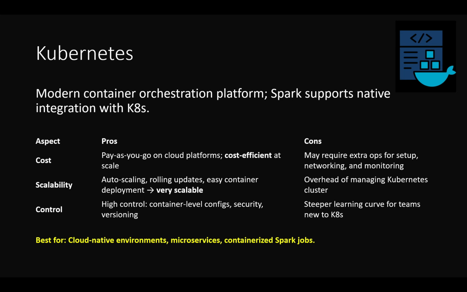Now coming to Kubernetes. Kubernetes is one of the very widely used cluster managers. It is a modern container orchestration platform, and Spark supports integration with Kubernetes. Cost wise, it can be pay as you go.